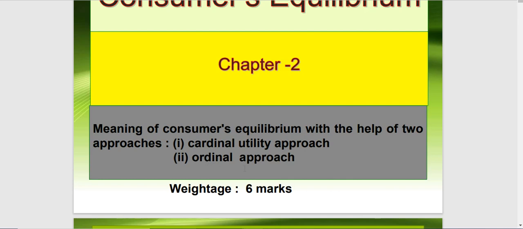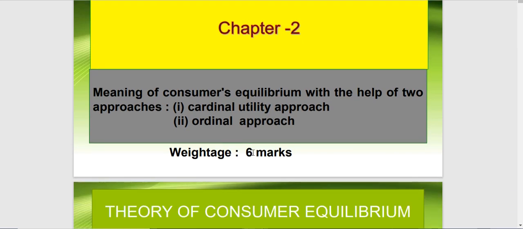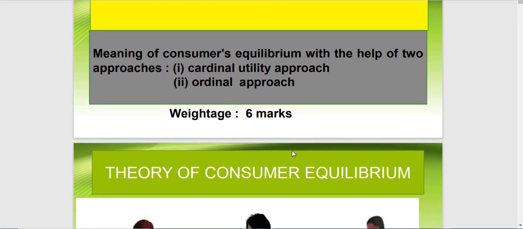So you can expect one question of theory which asks you to explain what is consumers equilibrium, and then you may be given short questions of 2 marks or 4 marks or even 2 and 3 marks and 1 marker depending upon the set that you get. And the total weightage for the entire chapter of this portion is 6 marks.